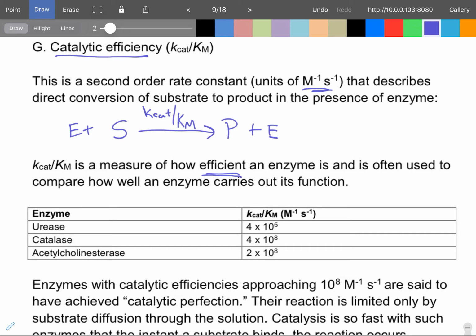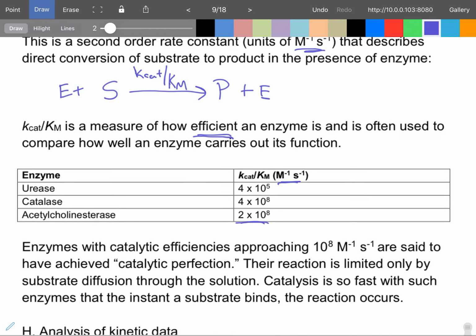So just to get used to some of these numbers, they tend to be large because we are measuring in per molar per second. And so some of the ones we've heard of before, acetylcholinesterase is in the homework from the last chapter. A couple of these other ones we might encounter here and there, but they tend to have anywhere from below this to thousands up to this range, 10 to the 8th.